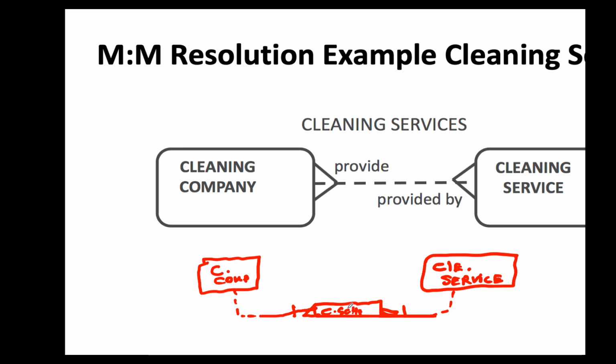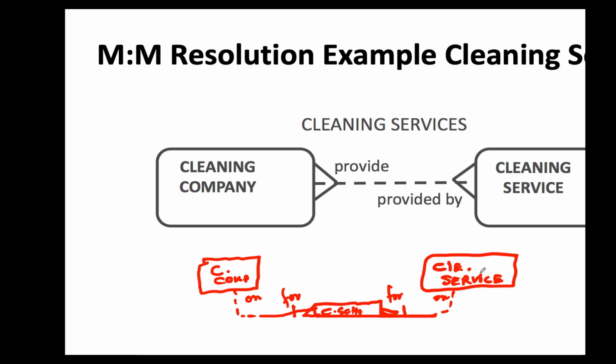Okay, so I can name it, it's always for, and I can say, okay. So this way I can easily resolve a many-to-many relationship into multiple one-to-many relationships.